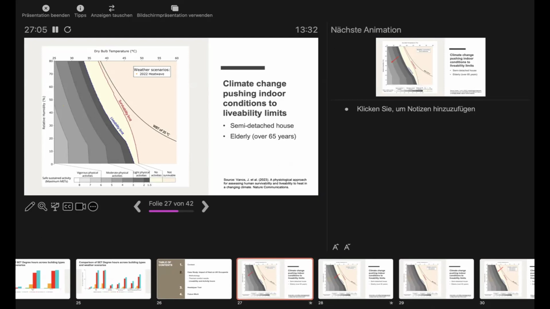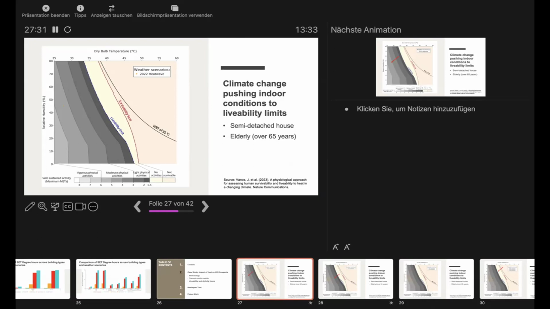So you could still walk around the house, do all the household chores, for example. But these two dark gray bars indicate that an occupant would be restricted to light physical activities. This means that you could only walk around very slowly in the house, maybe do the dishes, but nothing more exhausting. So it's already quite restrictive.